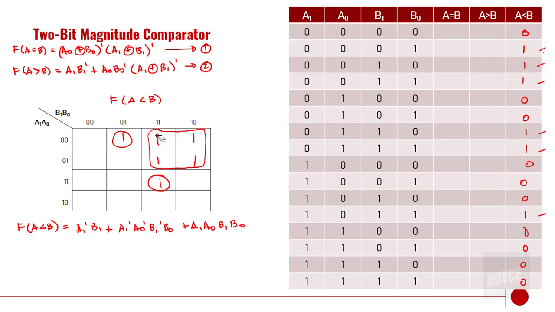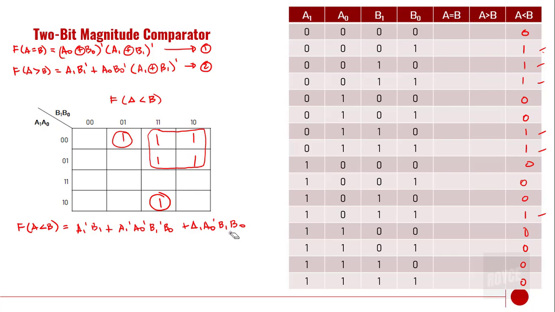Tama. So, I'm sorry, this is 1, 1, 1, 1. So, mali yung ano natin, no? Should be 1, 0, 1, 1. So, mali yung na-plot natin dito. Should be here. So, ito yung grouping natin. Ito po, yung 1, 0, 1, 1. So, nalagay ko siya kanina dito. So, this should be A1, A0 prime, B1, B0.